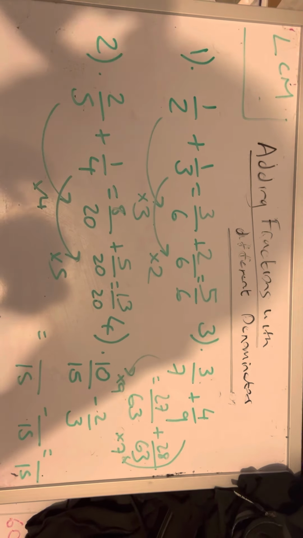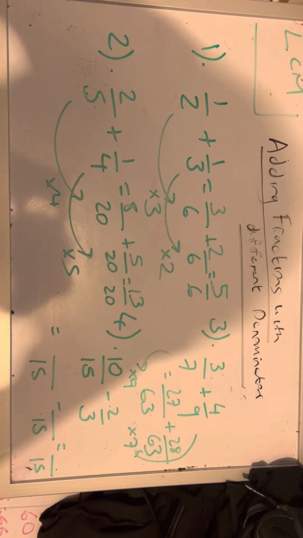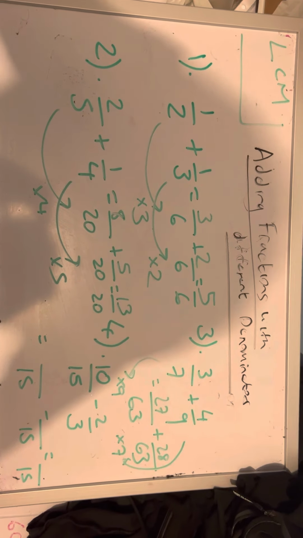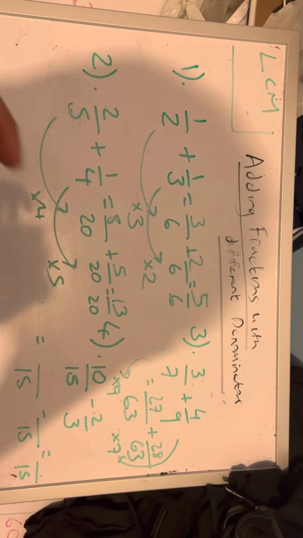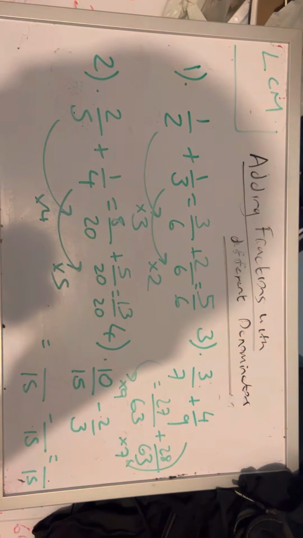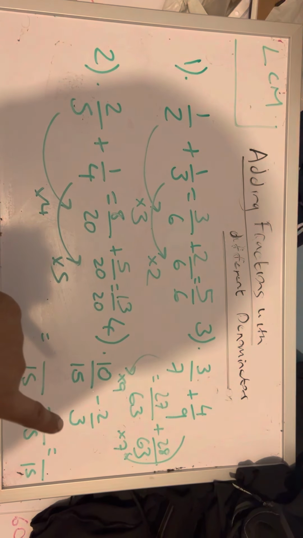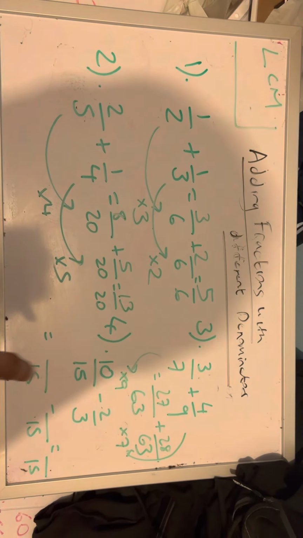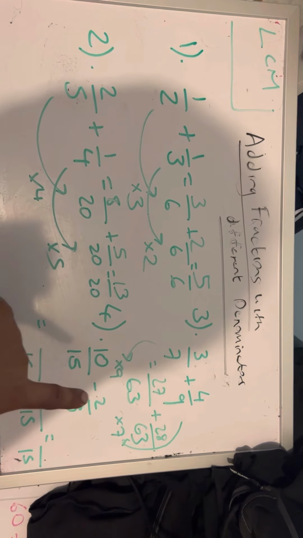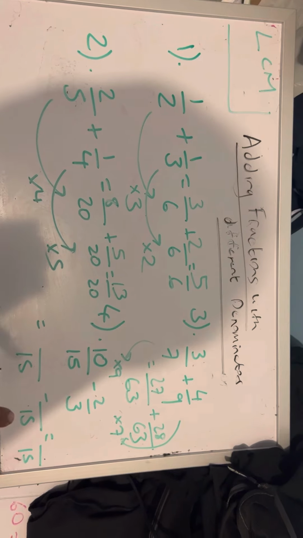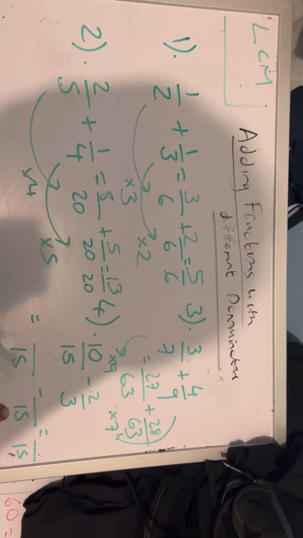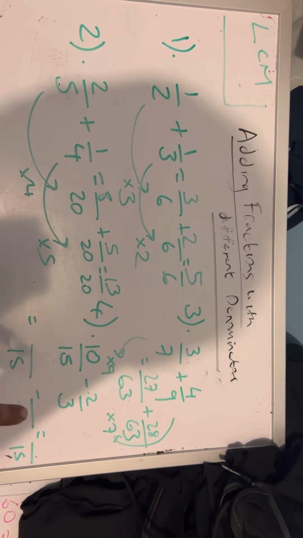This is question number 4, guys. I've got 10/15 minus 2/3. Now this one, like I said, guys, sometimes when finding the lowest common denominator I don't always have to multiply the numbers. I recognize that 3 goes into the 15 times table, so I can leave that as 10/15 and then just change this to 10 out of 15, because 3 times 5 is 15, so 2 times 5 is 10.